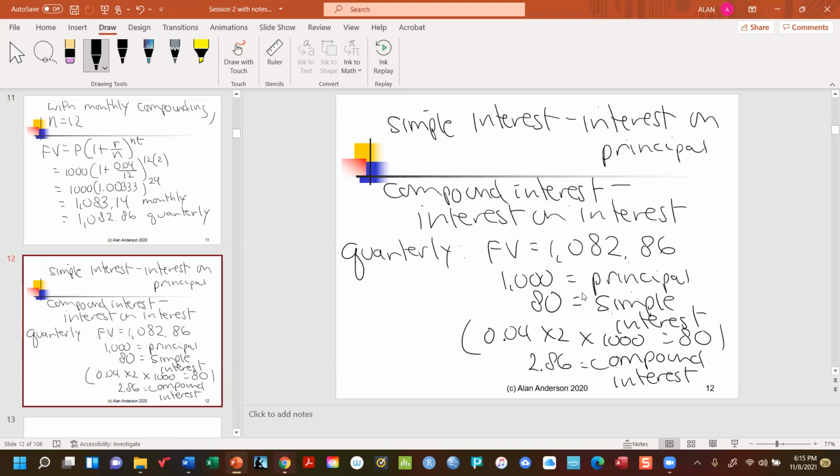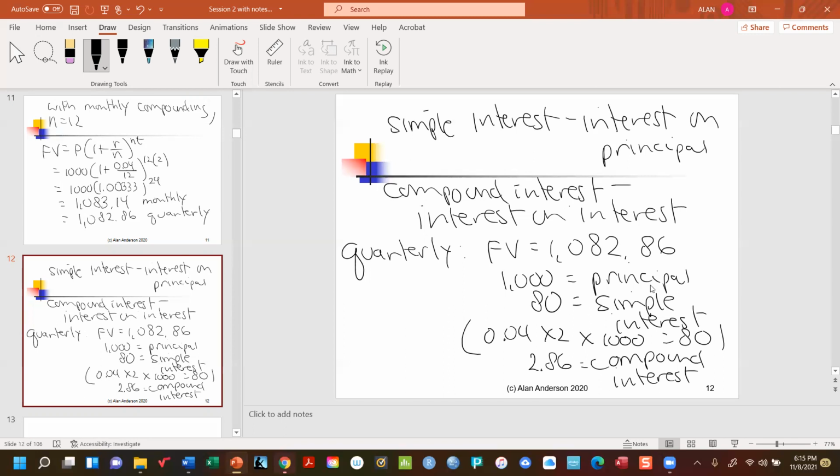Why? Because we earn 4% for 2 years on $1,000 principal. So $80 is paid to us based on the principal only. The rest, the remaining $2.86, is the compound interest.